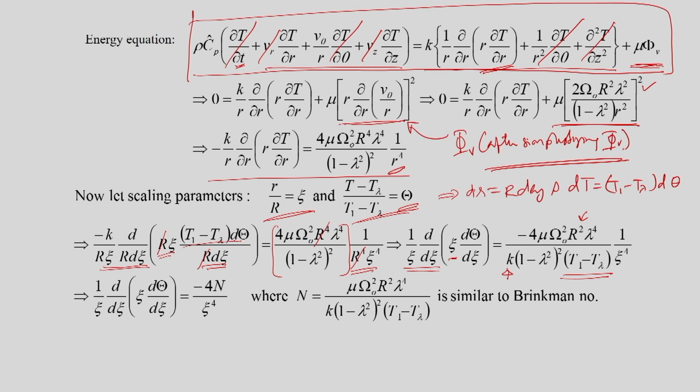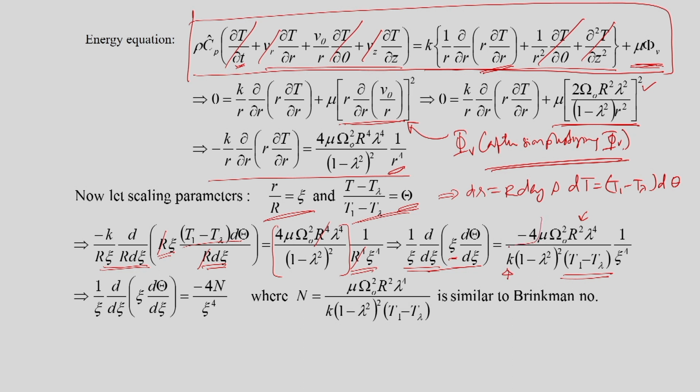Then dΘ is as it is, divided by dξ. So on the left hand side we have 1 by ξ d by dξ of (ξ dΘ/dξ) equals minus 4 μ ω₀² R² λ⁴ divided by k (1 minus λ²) whole square (T1 minus T_λ), times 1 by ξ⁴.